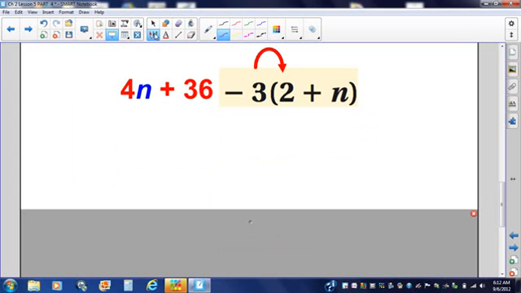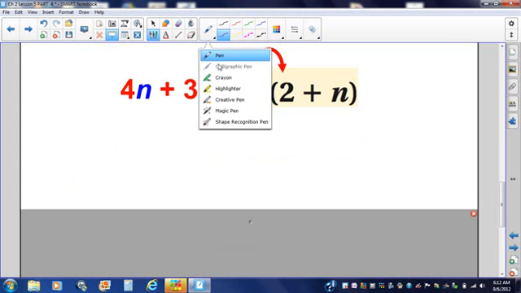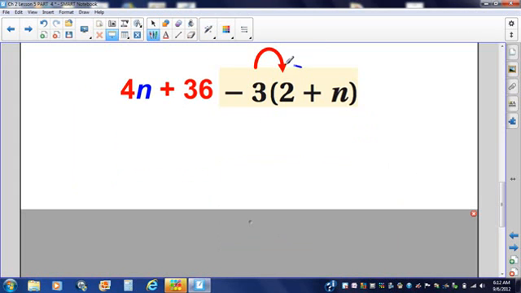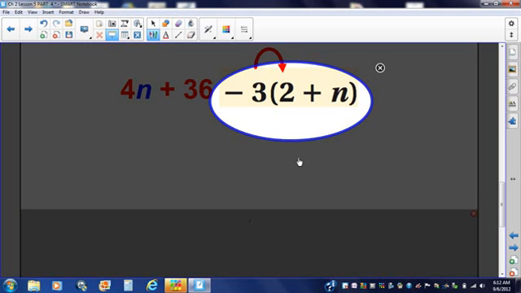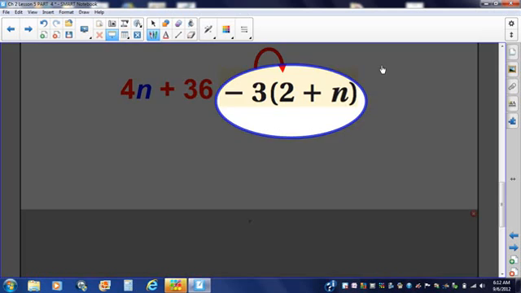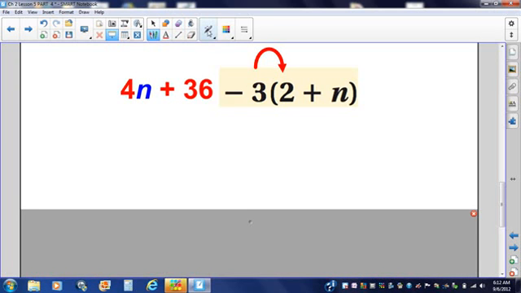Now, the next thing I'm going to do: we're going to do the distributive property right there. So, on your paper, please write -3 times 2, or positive 2.